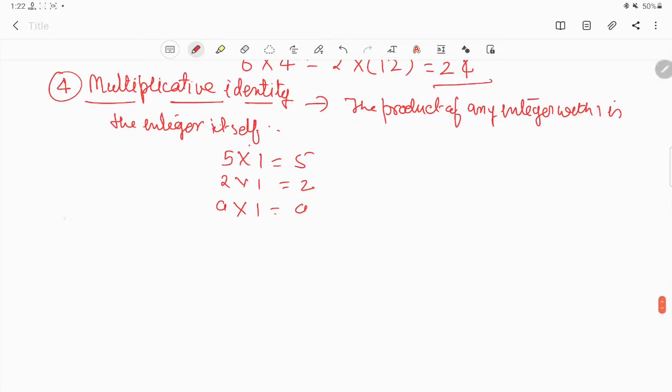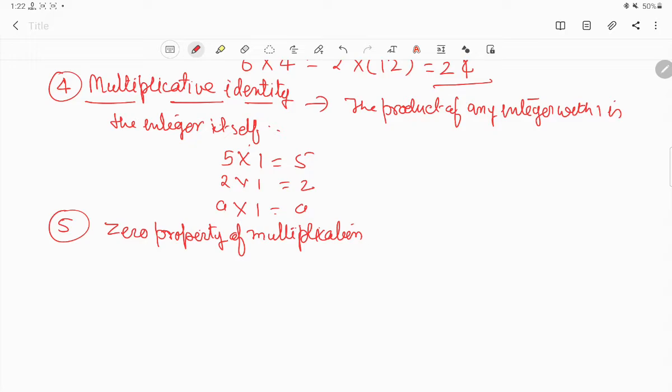Now, the fifth property, multiplication with 0. Zero property of multiplication.